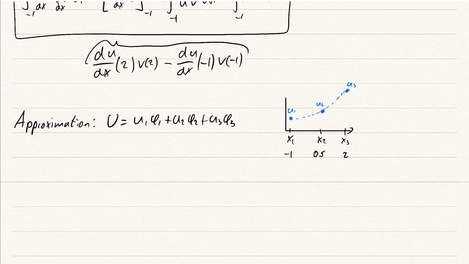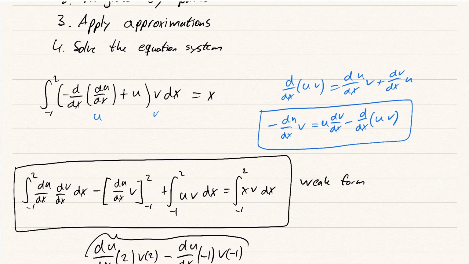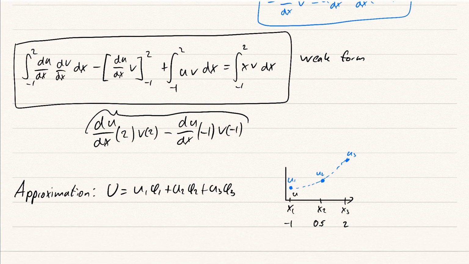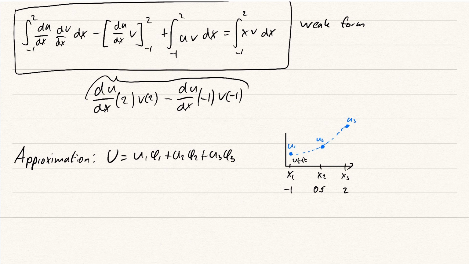Besides this, we also know something about the boundaries. We know what u is here: u of -1 is equal to -2. And over here we know that du/dx of 2 is minus 2. So this tells us the shape of this thing.